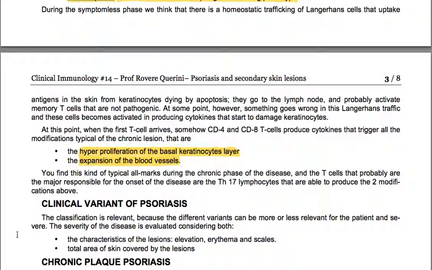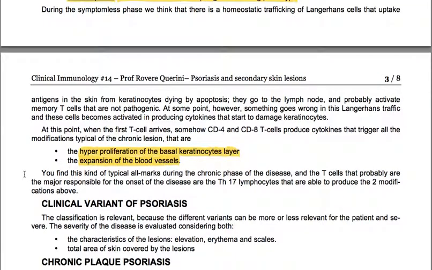At this point, when the first T cells arrive, CD4 and CD8 T cells produce cytokines that trigger all the modifications typical of the chronic lesion, that are the hyperproliferation of the basal keratinocyte layer and the expansion of blood vessels.